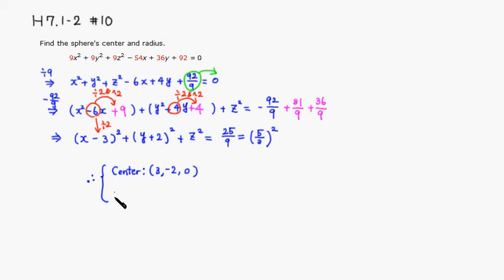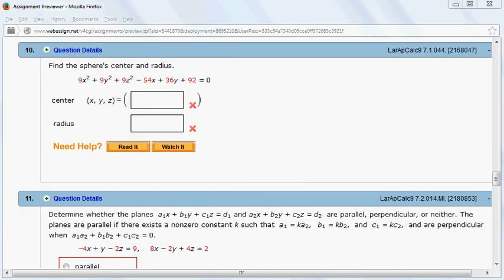And the radius. Oops, I can't spell radius. Radius is going to be 5/3. So let's type it in.